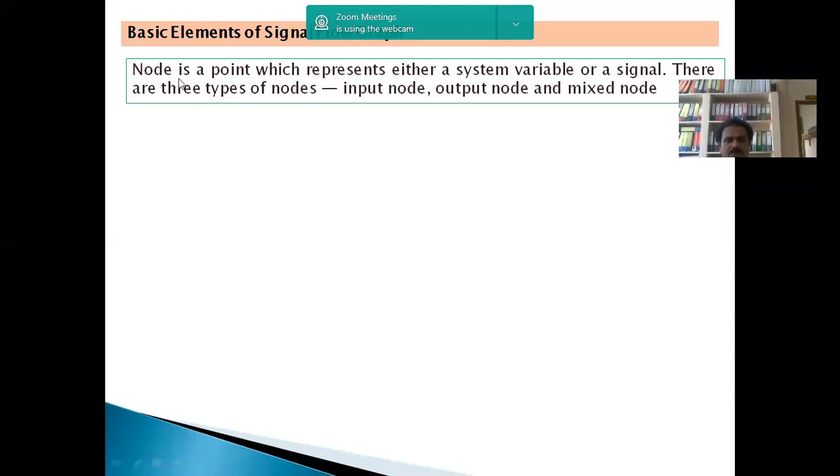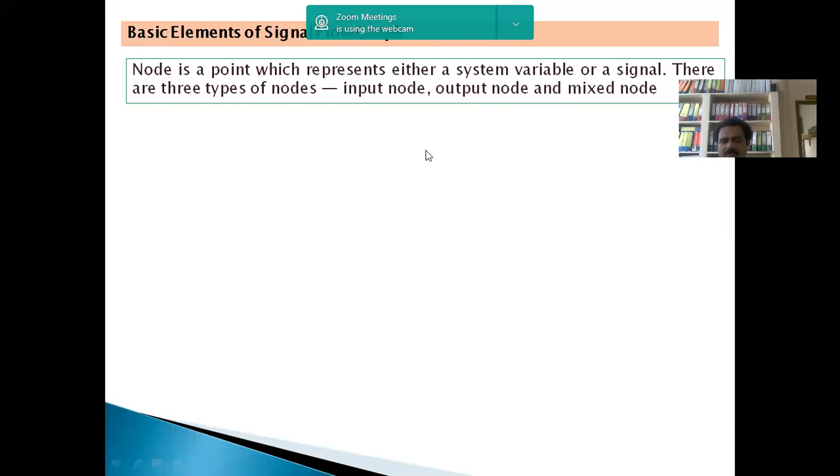Okay, we know that from applying Kirchhoff's voltage law and Kirchhoff's current law, but here it is represented as a point where the signal is entering and also the same signal is leaving from that junction. So a node is nothing but a system variable, represented by some x or y, any system variable.